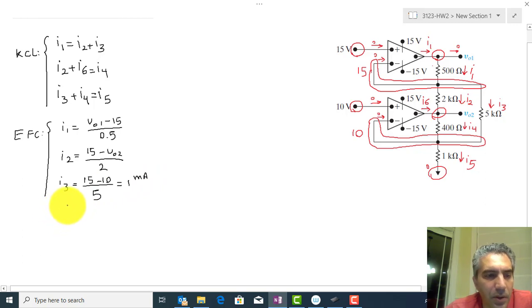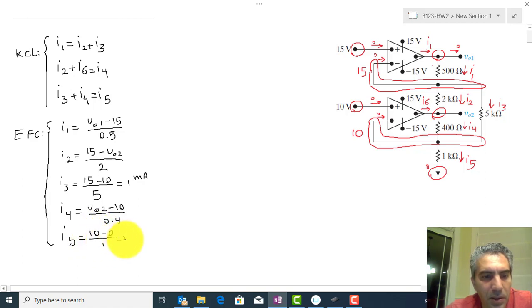So for I4, the current of the 400 ohm, you have Vout2 minus 10 divided by 0.4. And finally for I5, you have 10 minus 0 divided by 1. That immediately gives you 10 milliamp.